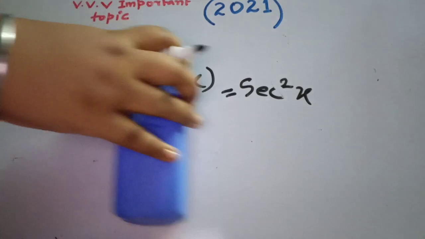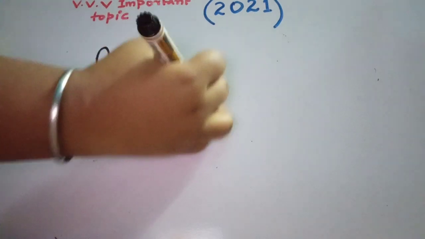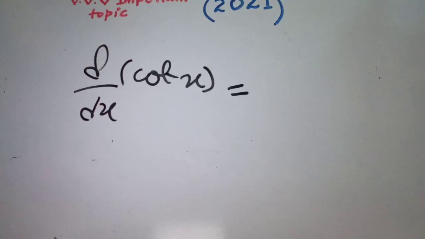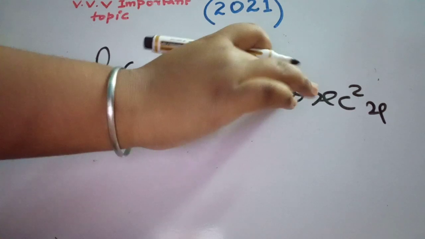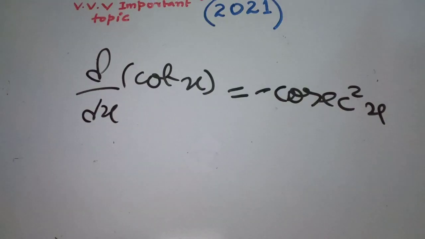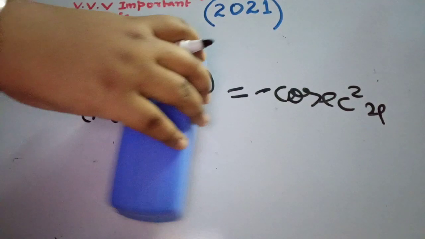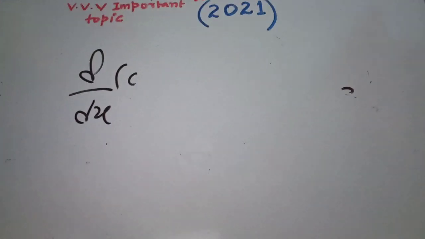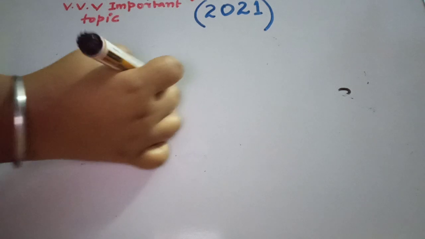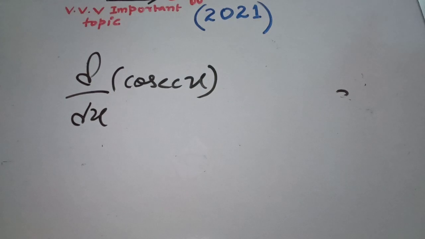Next is d by dx of cot x. D by dx of cot x is minus cosec square x. Next, what is d by dx of cosec x?